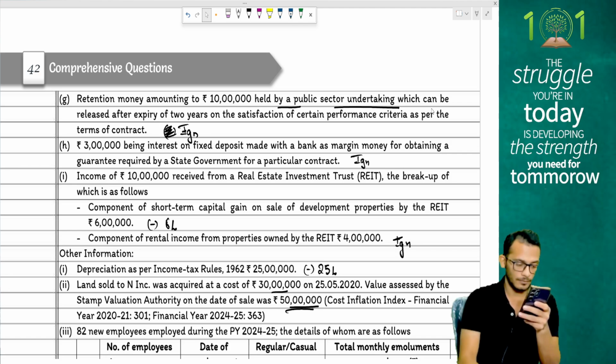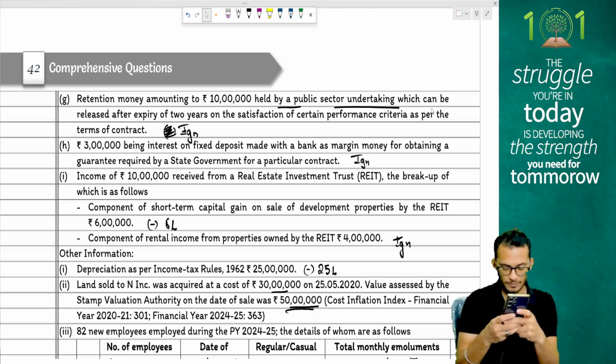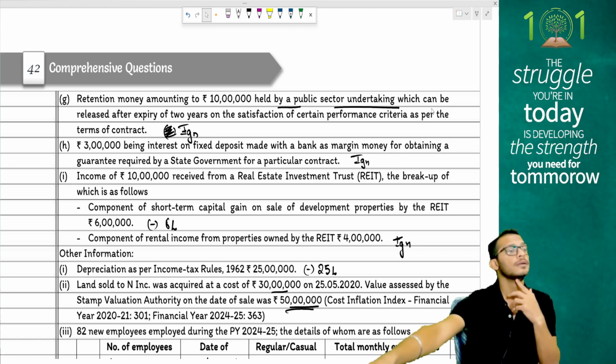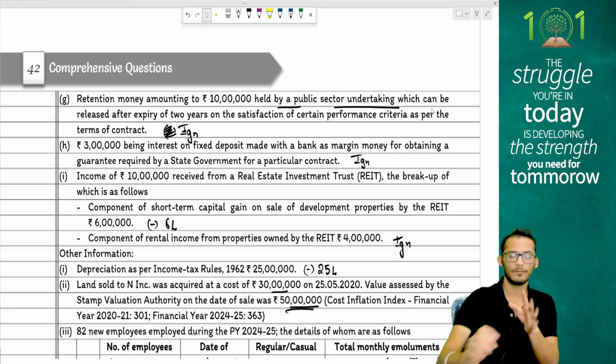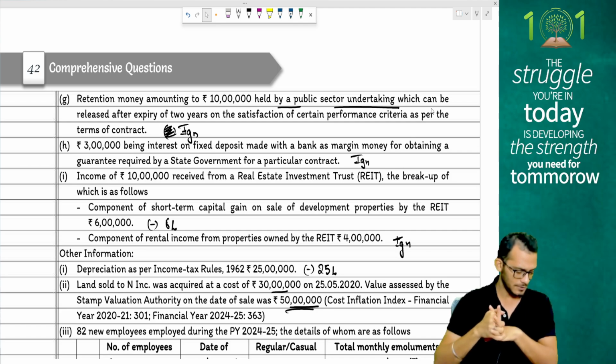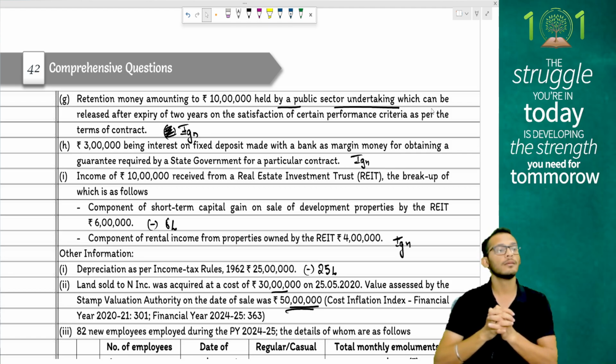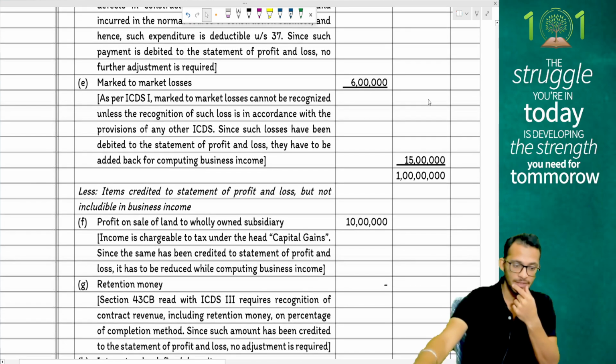Point number G. What will you write? As per ICDS 3, retention money is taxable.